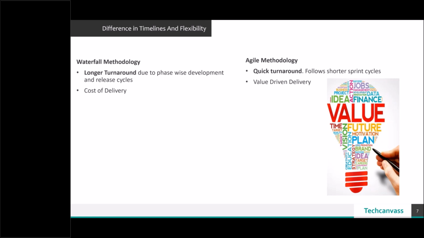There is constant feedback because the turnaround is very quick. So if the customer raises any feedback, he can expect a quicker turnaround in terms of the delivery as well as the value. Think of it with an example: you are using a mobile application these days, maybe Facebook, or a ride-hailing app like Uber or Ola.